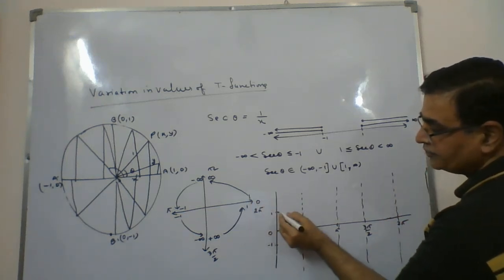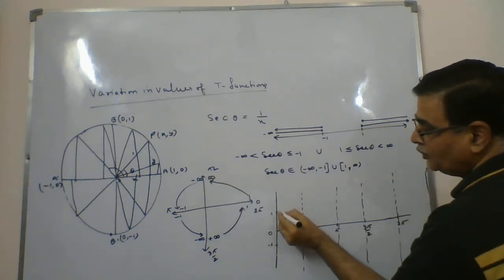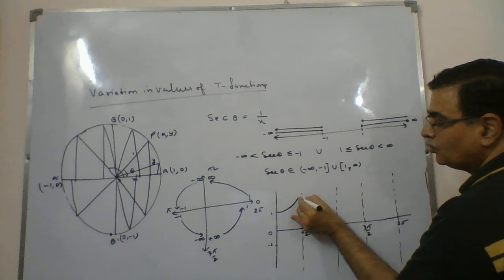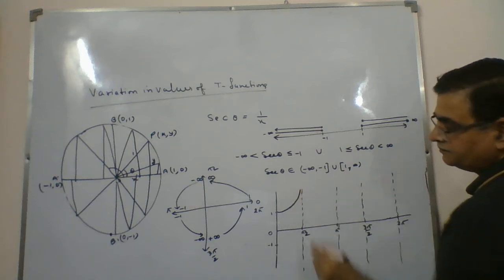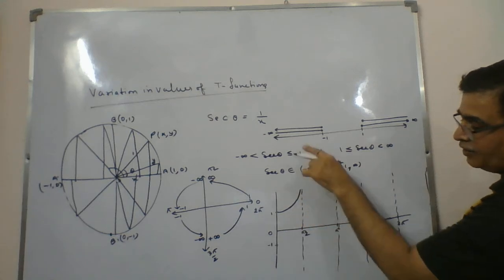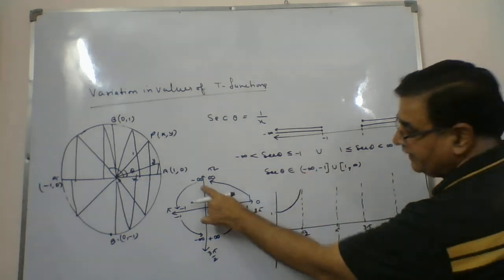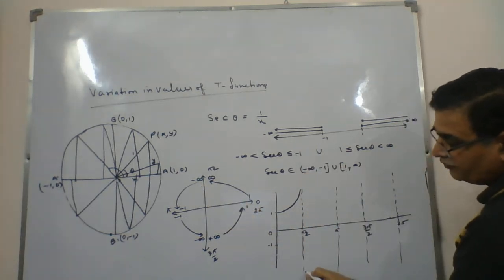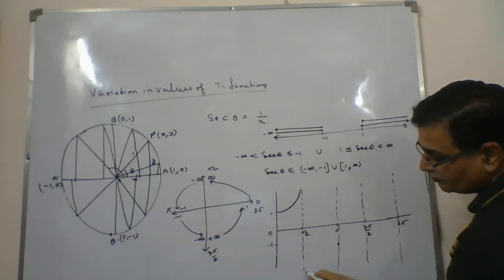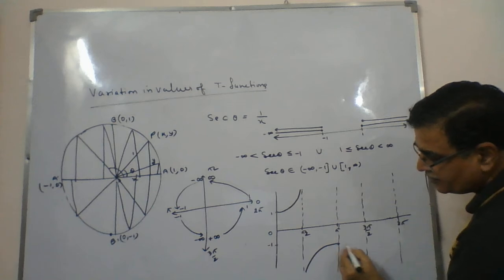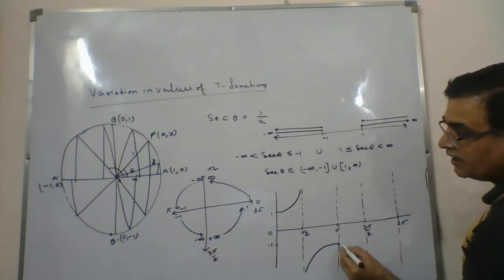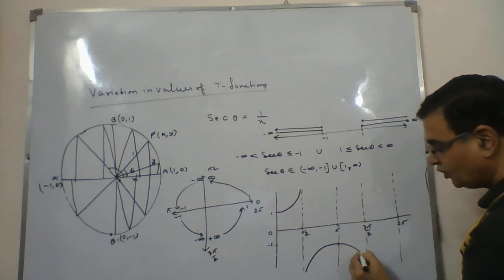At 0 it's 1 and at pi by 2 it goes to infinity. So it will go towards infinity. It never comes between 0 and 1. It starts from 1 and goes to infinity. The second one will start from minus infinity and at pi it becomes minus 1. So minus 1 is somewhere here. So it will start from here and reach here. Then again it will start from minus 1 and go back to minus infinity.